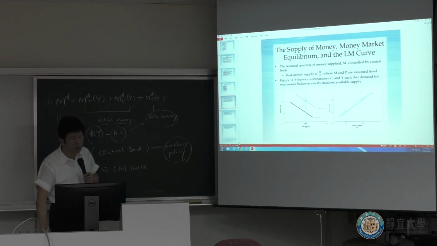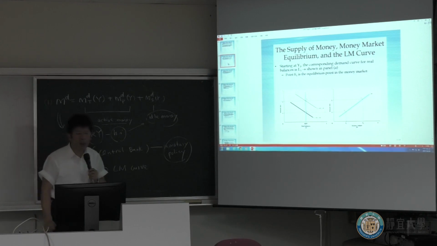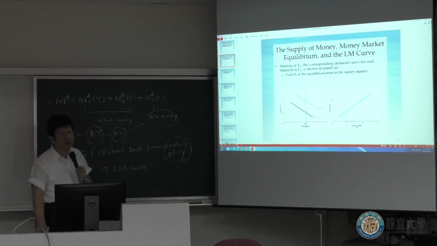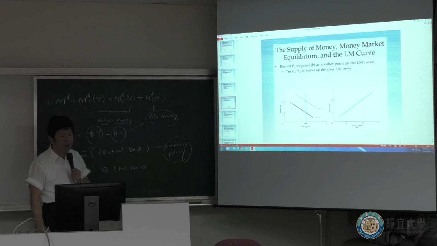One day, this represents the supply of money and the money market equilibrium, and then we can find the LM curve. If the money demand or money supply changes, the LM curve will also shift to another line.